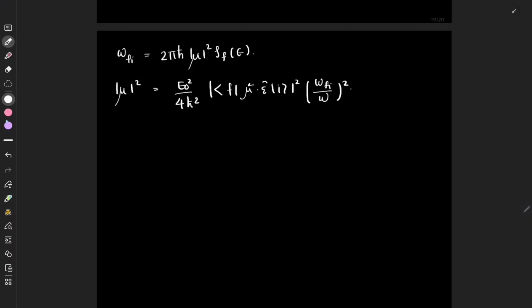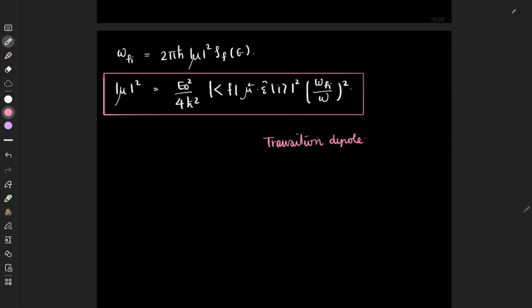So this is called the transition dipole. The terms inside this transition dipole equation are constant, therefore this term is also constant.